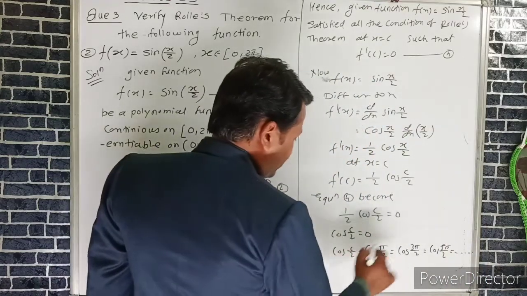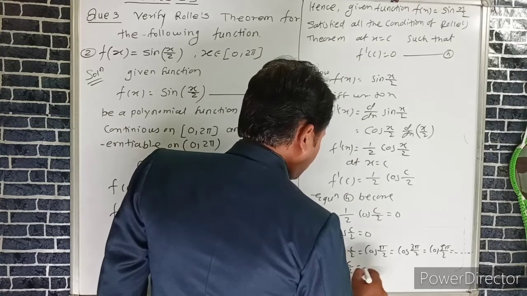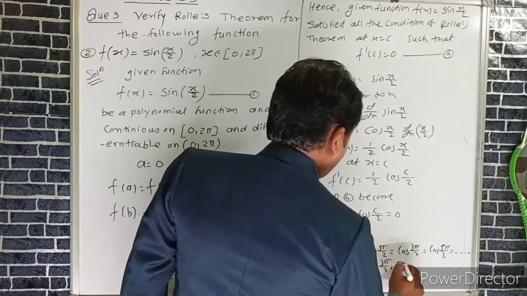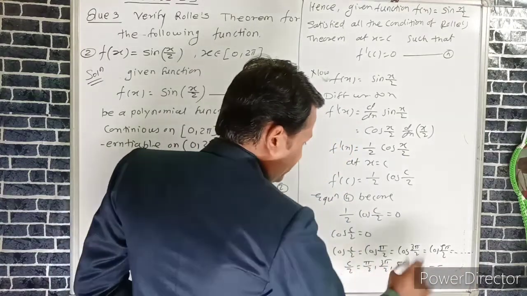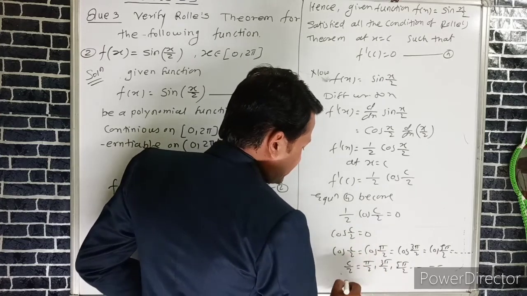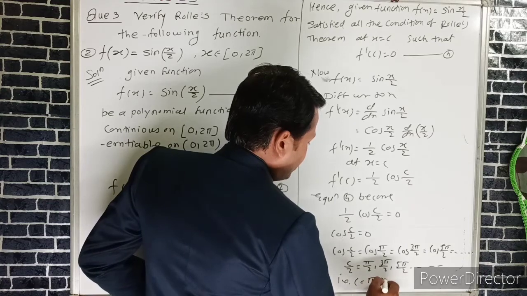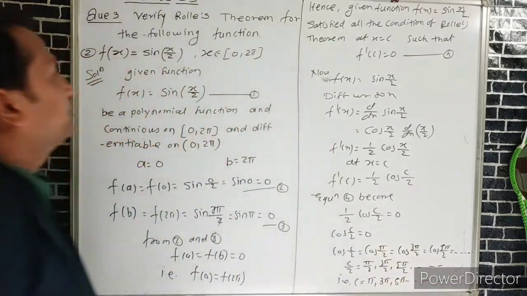Hence we can write c by 2 is equal to pi by 2, 3 pi by 2, 5 pi by 2, and so on. If we multiply by 2 on all sides, we can write c is equal to pi, 3 pi, 5 pi, and so on.